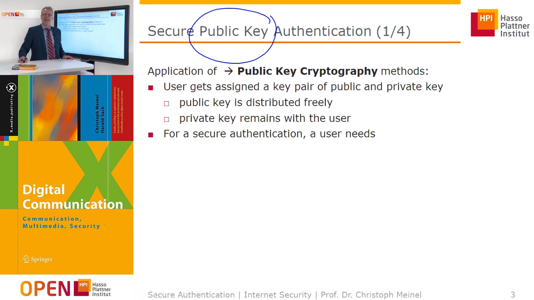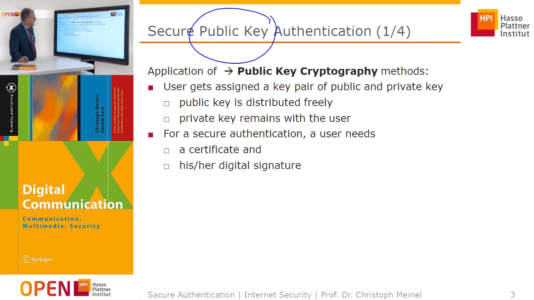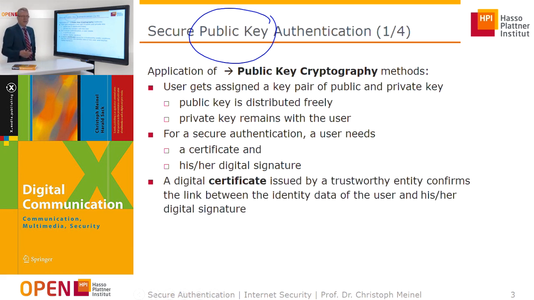For a secure authentication, a user needs a certificate and he or she needs a digital signature. What is a certificate? What is such a digital signature? A digital certificate is something like an ID card. It is issued by a trustworthy entity which confirms that there is a link between the identity data and the user and his or her public key.